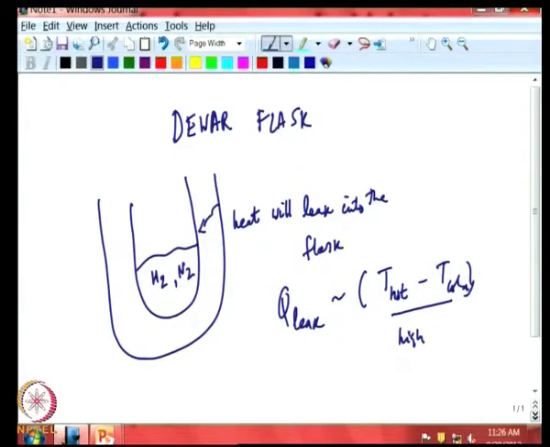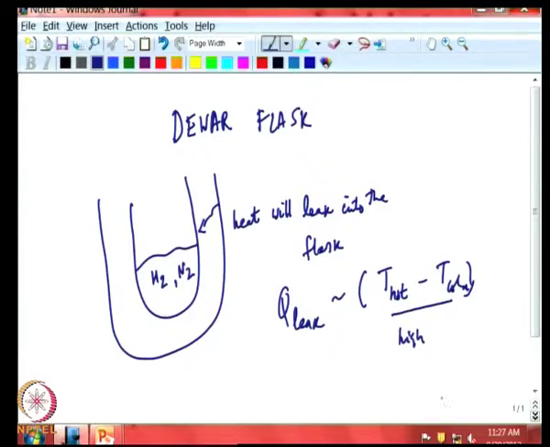This is true in most situations. As the temperature difference between the hot and the cold object increases, more heat is transferred. But today you will see that in the Dewar flask case, there are unusual situations wherein the heat transfer is not proportional to the temperature difference.